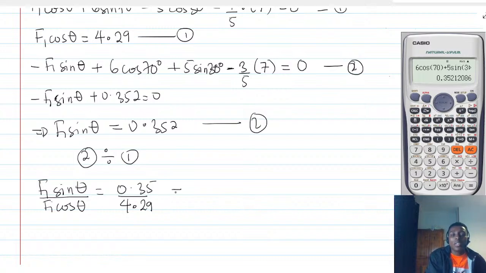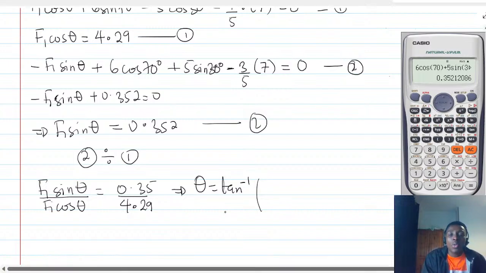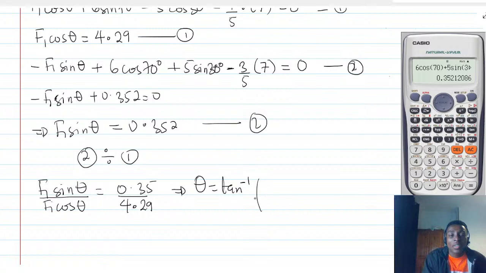Now, when I do this, so tan inverse of what? So tan inverse, don't forget that. Please don't forget that sine theta divided by cos theta is tan, right?